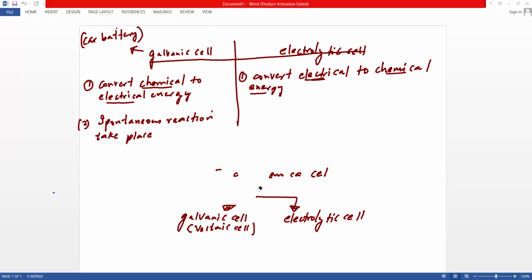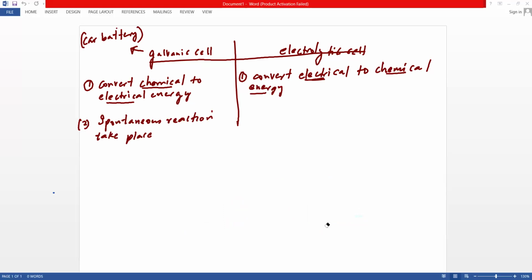Very important, ladies and gentlemen. A spontaneous reaction takes place in the galvanic cell, whereas in the electrolytic cell, a non-spontaneous reaction takes place.